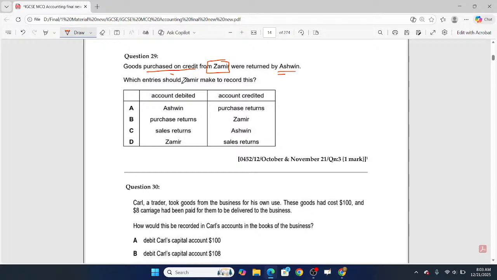Which entry should Jamir make to record this? So, what is the journal entry for this? The correct entry for this being goods purchased on credit. Okay, purchases debit and Jamir credit.